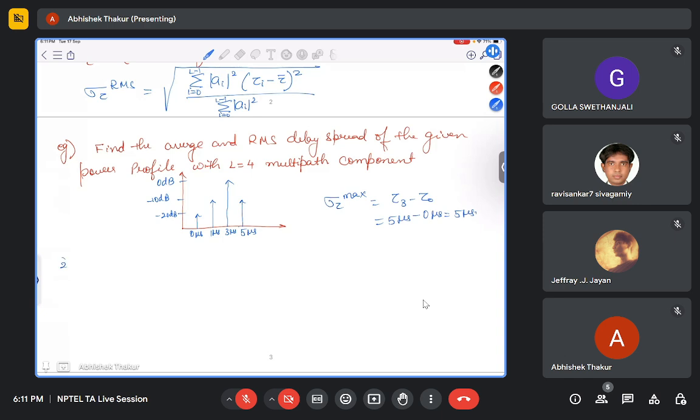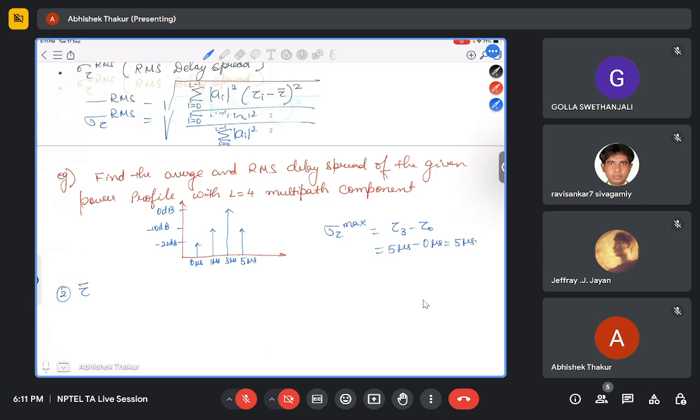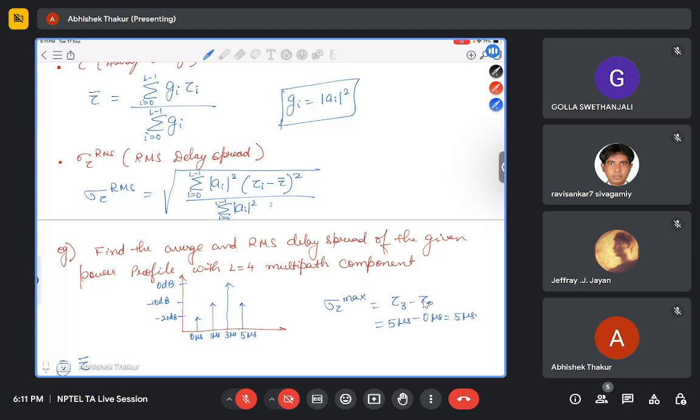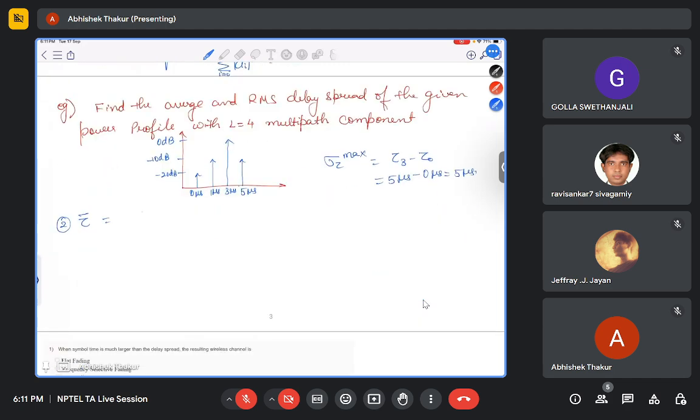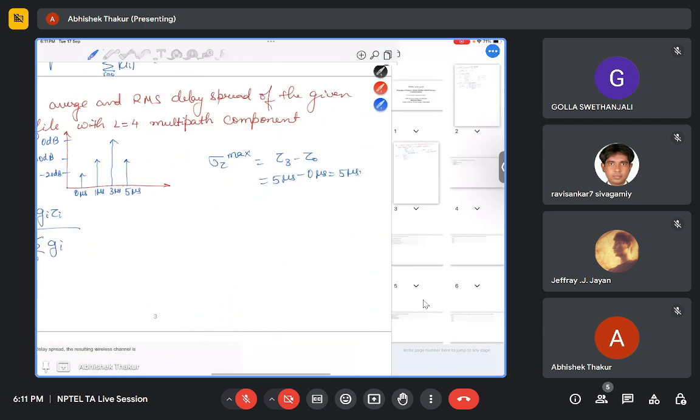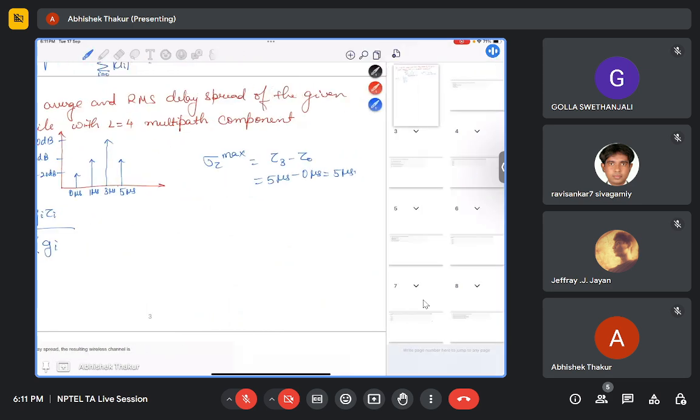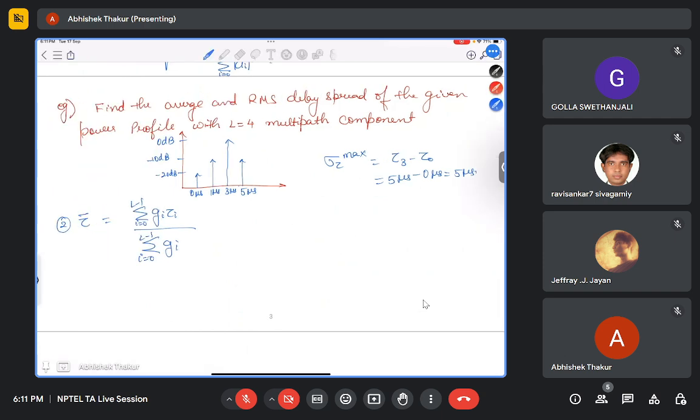The second one was tau bar. The formula is the summation of gi tau i divided by the summation of gi. But here gi is given in dB, so we have to convert that into the normal unit.